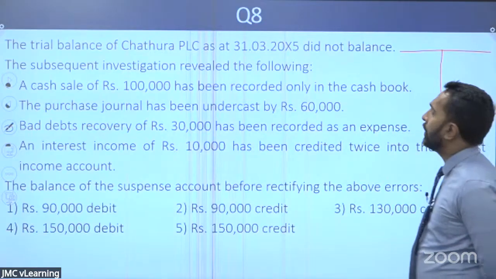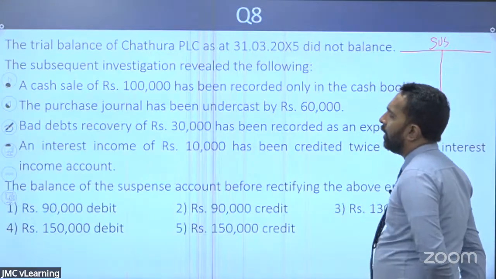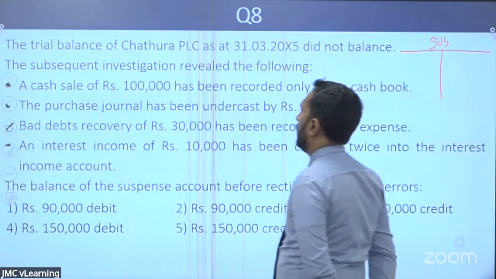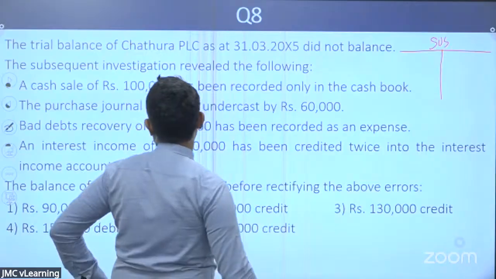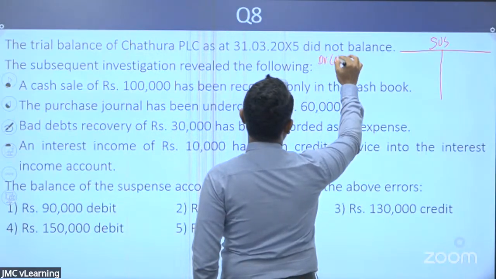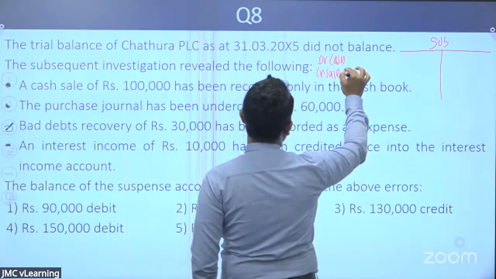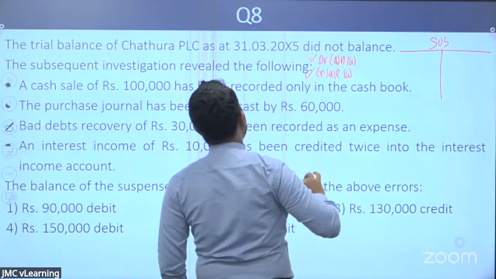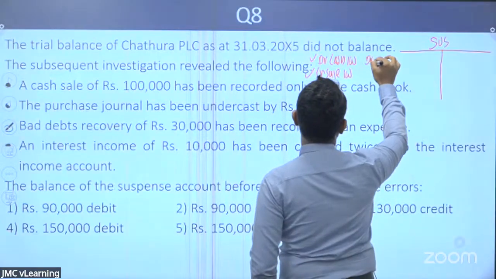First one, a cash sale. We are opening up a suspense account. A cash sale of 100,000 has been recorded only in the cash book. Now, ideally, if it is a cash sale, you should have debited cash and credited sale, 100 each. What they have recorded is only the debit to cash.